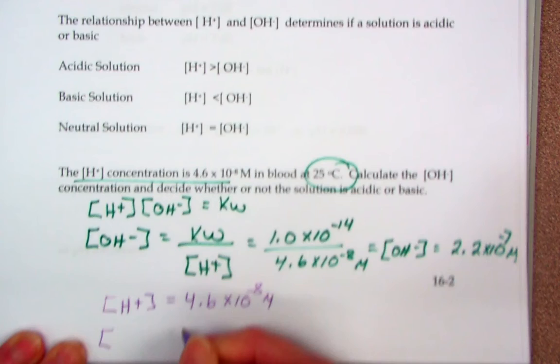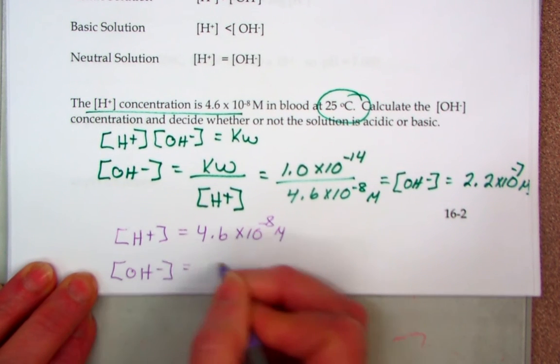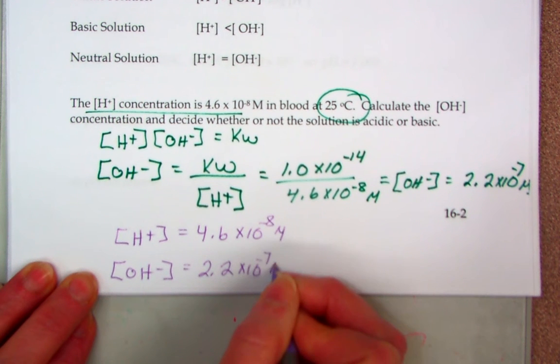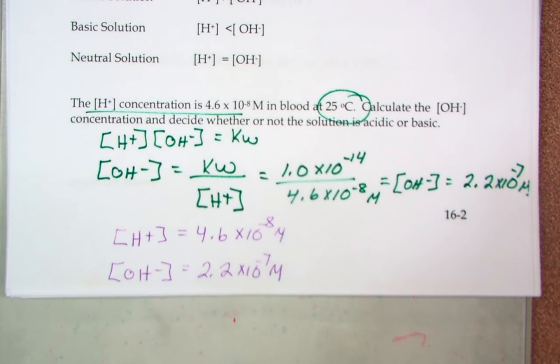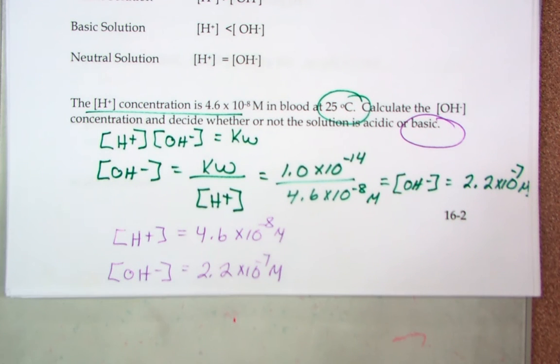My hydroxide concentration is 2.2 times 10 to the negative 7th molar, which is bigger. The hydroxide is bigger, so the solution is basic. Okay, go ahead and try the one on the next page at your seats.